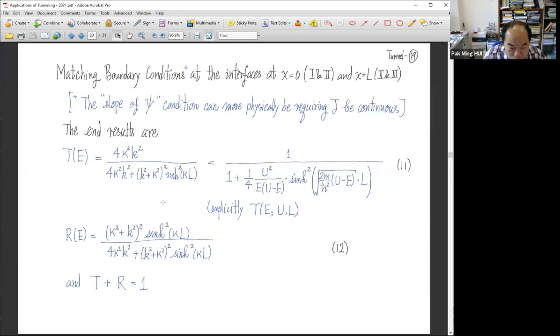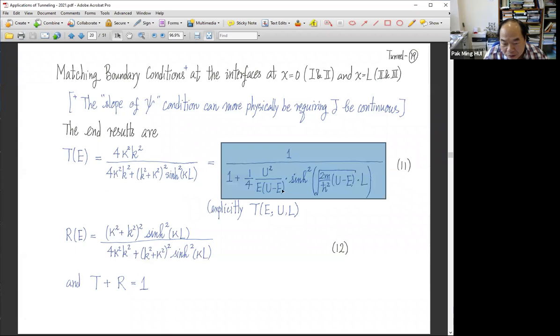And it comes with a rather unusual form, but I know some students already did the E and M course, you must have seen this, okay? So it is the same denominator. The next form, I just explicitly write it out. So you see E, you see U minus E, and you see L, okay?